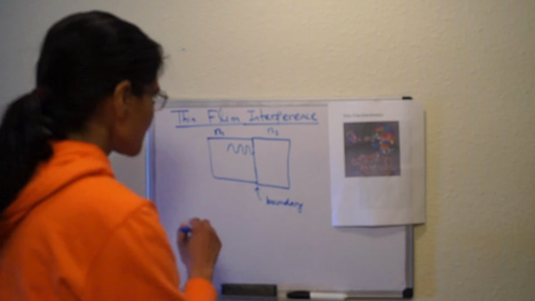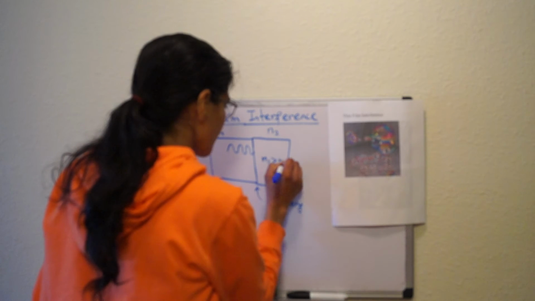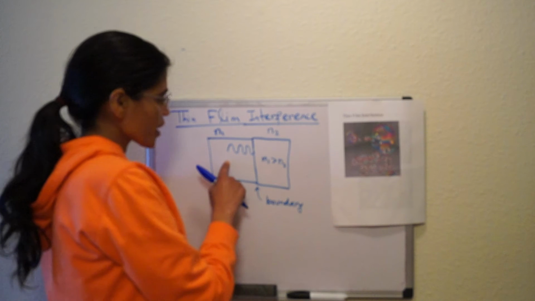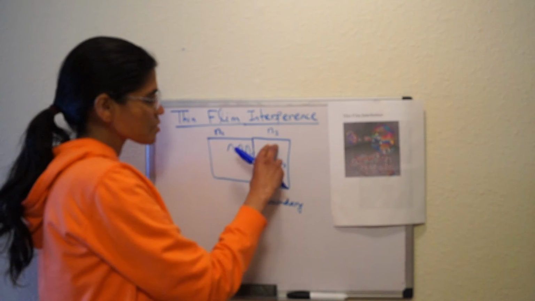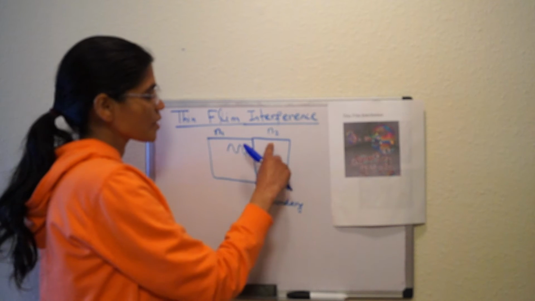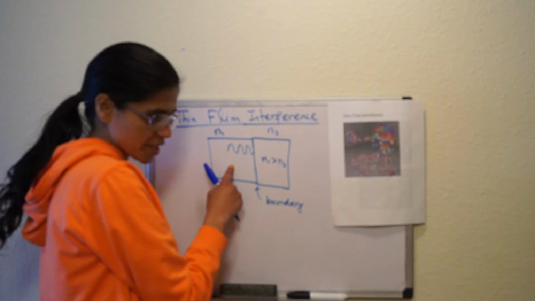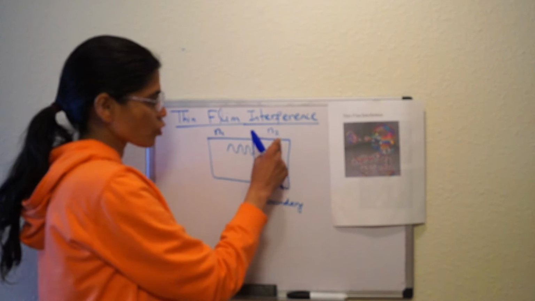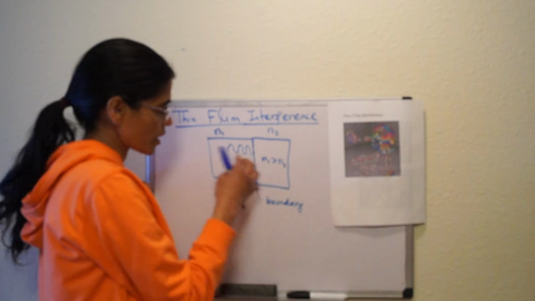So case 1 is, let's say, when n1 is greater than n2, meaning the speed of light is going to be greater in this material, and that is also to say that it's a rarer substance, okay. This is called denser and this is more rare, okay. The refractive index has to do with that too.